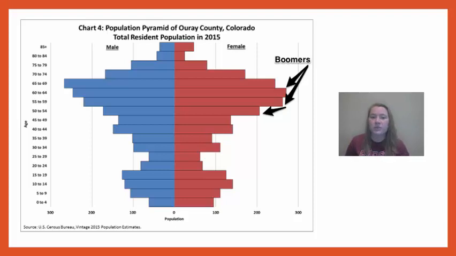So based off of this pyramid, we can guess that this is probably a retirement community, but that doesn't necessarily explain that bump in the younger generations. So when you look up this county on a map, you'll find it nestled between a lot of national forests, and a few of those forests have their ranger stations in Ouray County. So that means that a lot of those people that work on those forests are having kids, and that accounts for that little bump in the younger generation.